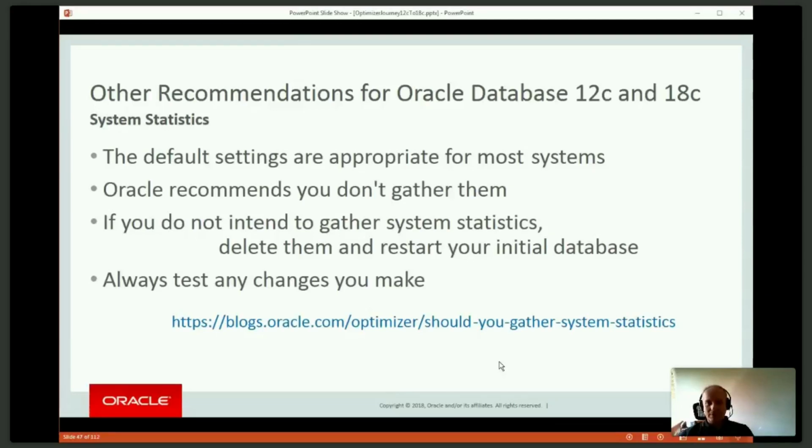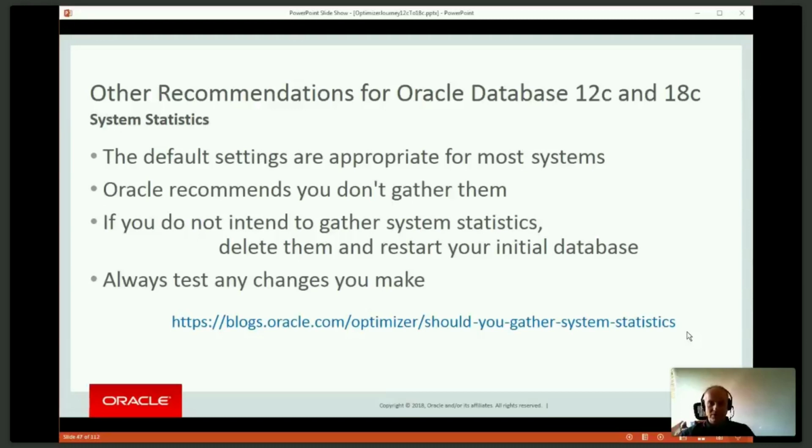The reason for that is a fairly long explanation. So my advice is, if you want to read some more of the background, go to the Optimizer blog, where I talk about the details of the recommendation. The key thing is that it's recommended you don't gather system statistics, but it's not something you should just do on, for example, a production database. If you're going to change how you gather system statistics, how you set them, how you use them, you should always test the difference it's going to make.